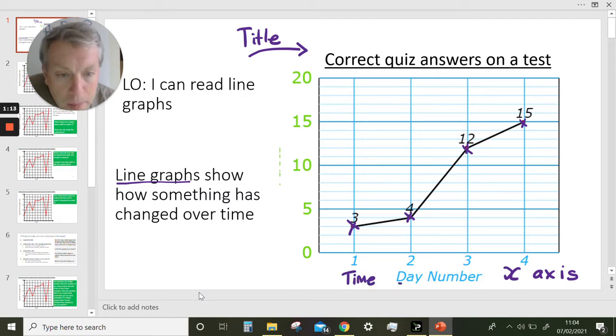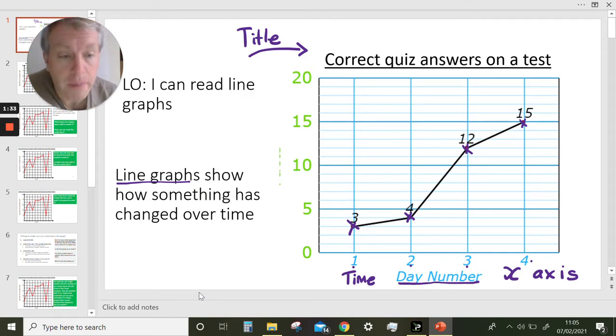So what are we measuring in? Days, numbers of days. Okay, so this is day 1, day 2, day 3, day 4. Okay, so they did 4 tests that we can see. And they did them on day 1, day 2, day 3, day 4.